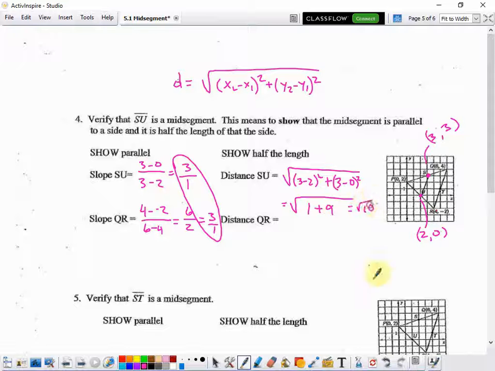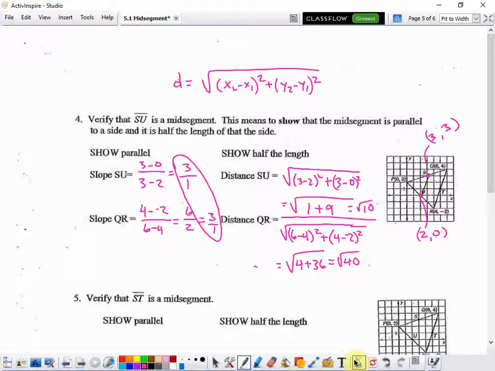So that's the square root of 10, and we'll leave it just like that. Then the distance for QR. In QR, the x's are 6 and 4, 6 minus 4 squared, and the y's are 4 and negative 2, 4 minus negative 2 squared. So that is 2 squared, which is 4, and 4 minus negative 2 is 6 squared, which is 36, which is the square root of 40.